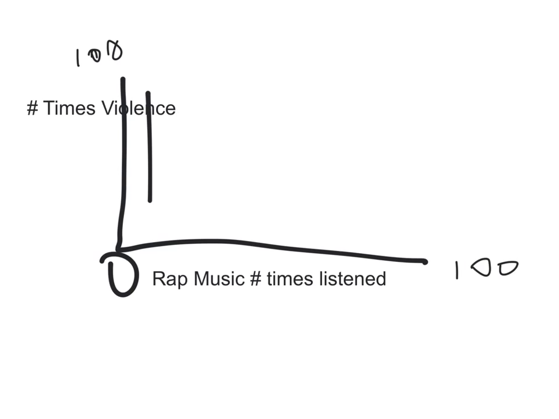So, you can do the same sort of plot, drugs and violence on the bottom, and on the side, songs about those sorts of things, or the other way around. And you would see a sort of correlation there. There seems to be a correlation.